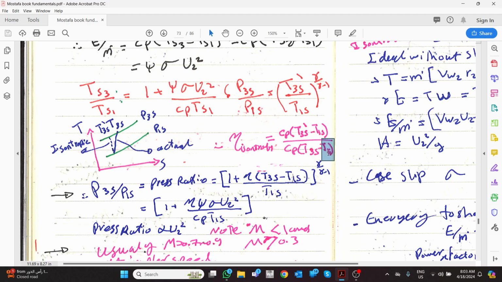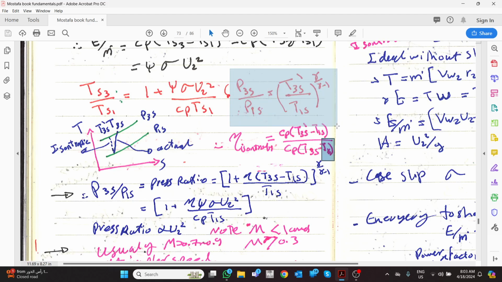So stagnation temperature 1 and stagnation temperature 3s come from the isentropic process. You can get it from thermodynamic tables, for example, for an isentropic process, or you can apply the isentropic relationship like P03 over P01 equals T03s over T01 to the power gamma over gamma minus 1.